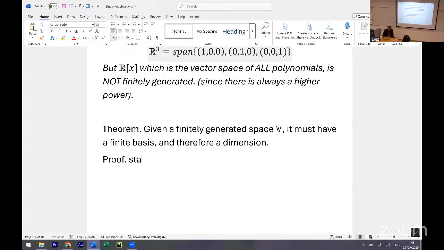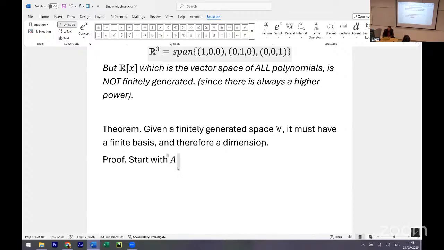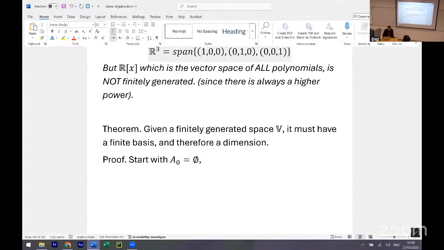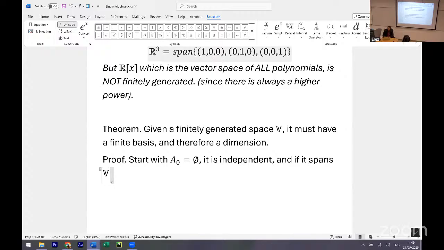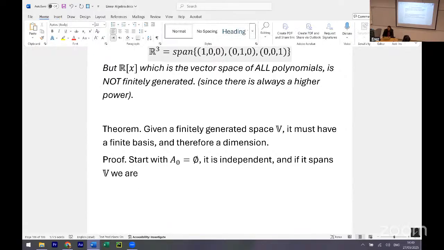Start with the empty set. We call it A0, the empty set. It is independent. And if it spans the vector space, we are done.